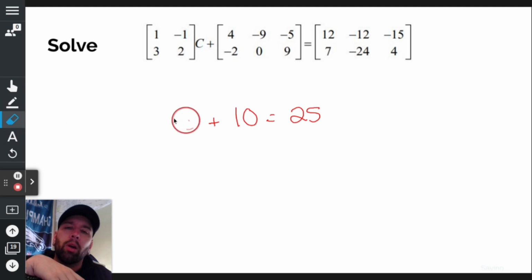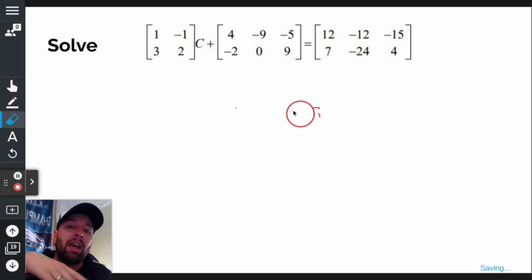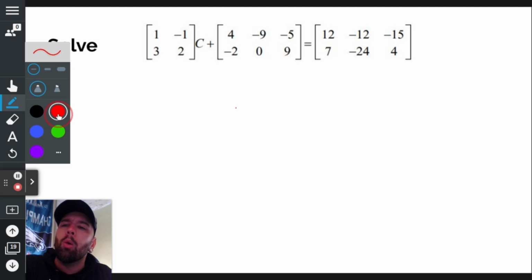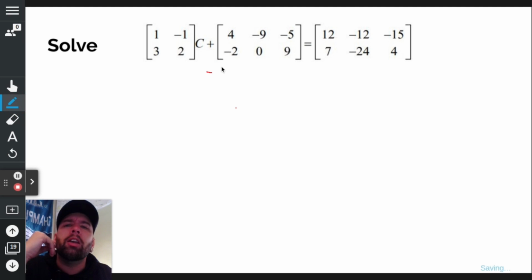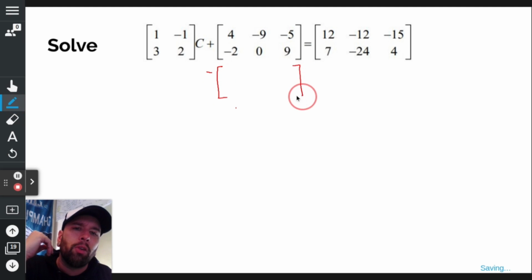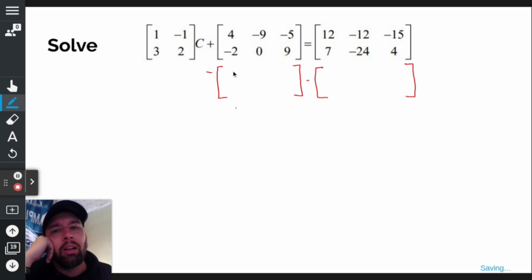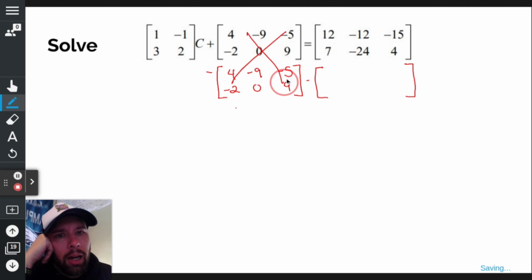Yes, and we're going to follow the same rules except for the divide by 3 part, which we'll get to. So to start, we're going to subtract this matrix from both sides. Matrix subtraction is allowed as long as the dimensions for each matrix are exactly the same, which they are here. Okay, so this will cancel out.